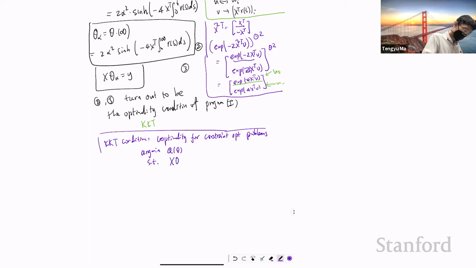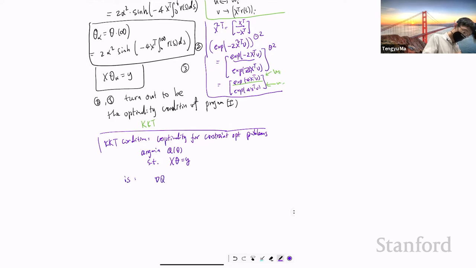but it's going to be very similar. So suppose you have an optimization program like this, and Q of theta is a convex function. The KKT condition is the following.